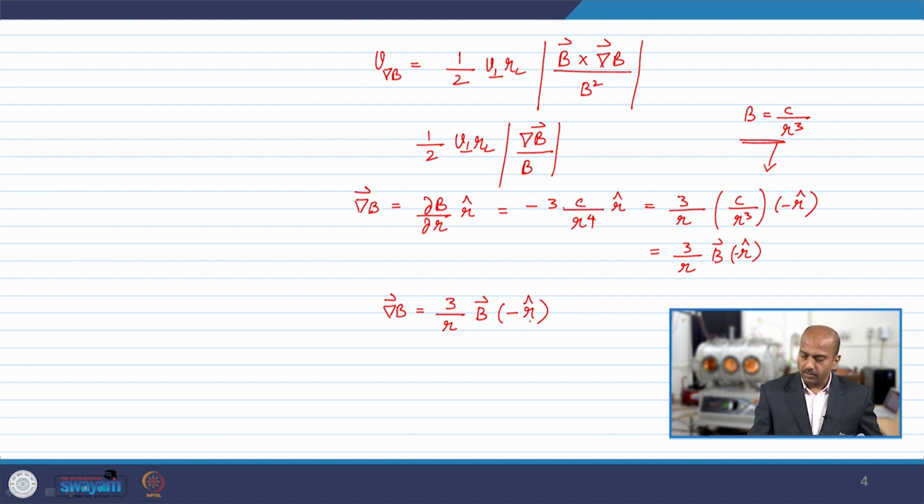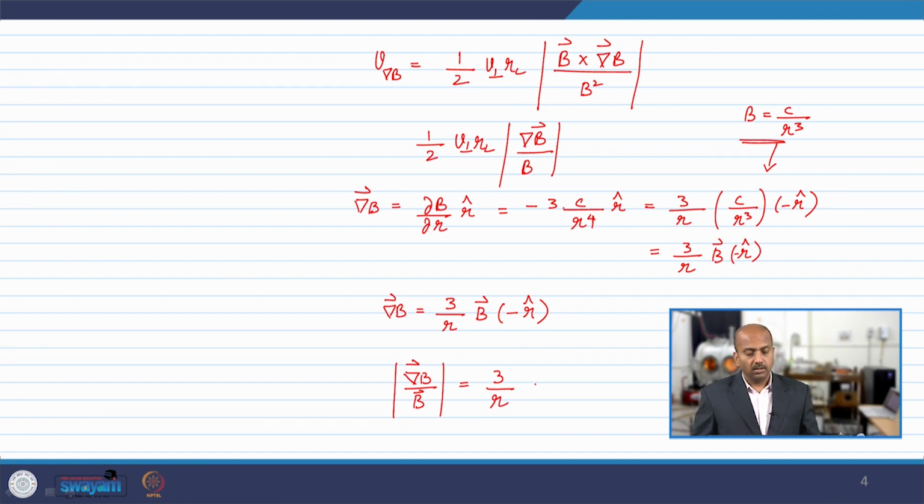What have we done? We have just evaluated del B. So if we now rearrange this, del B by B, bringing B into the denominator, will just be 3 by r. We've gotten rid of the minus sign by using the absolute value, just the magnitude, right?